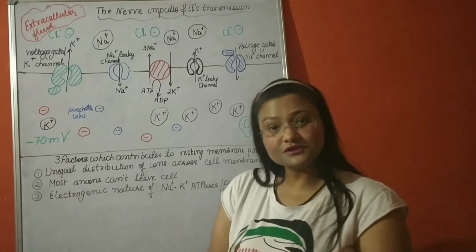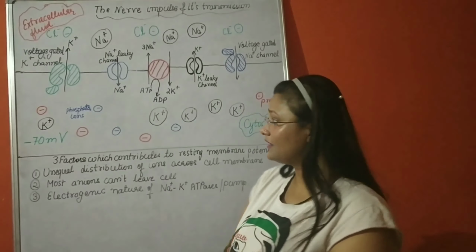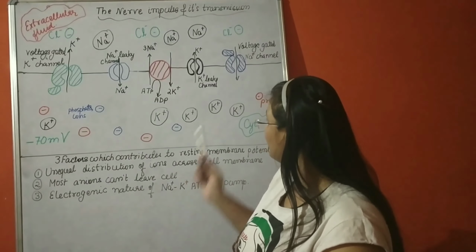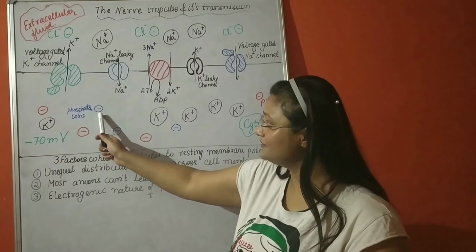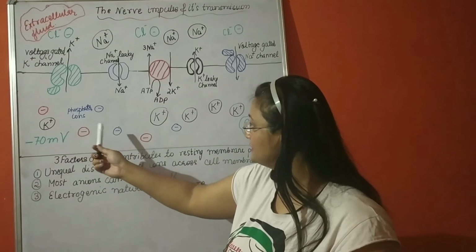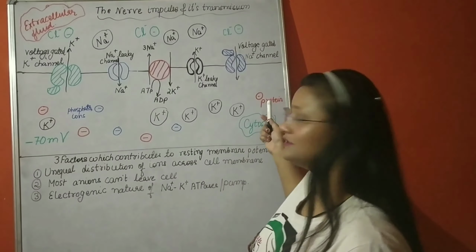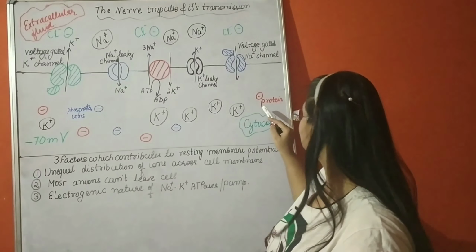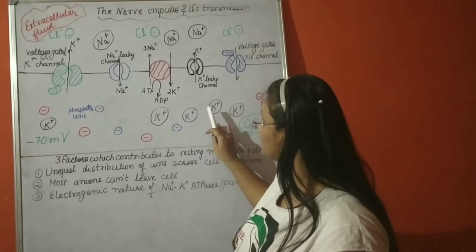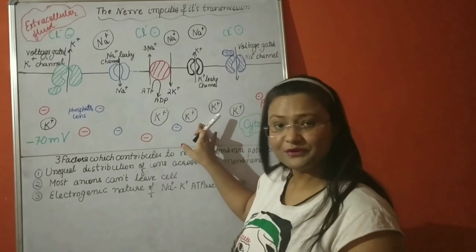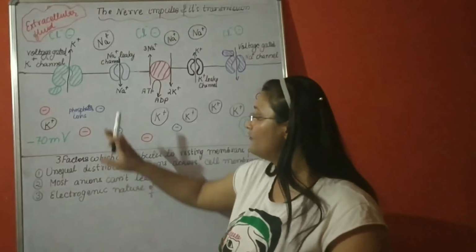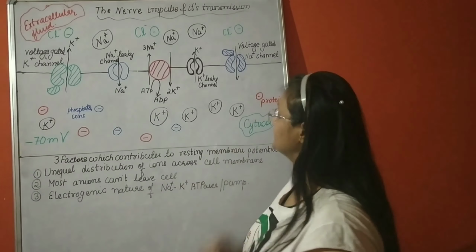And the distribution of ions across the membrane is like this. Inside the cytosol it has some phosphate ions, which contribute to the negative charge inside, and it has some proteins also. So proteins also contribute to the negative charge. The positive charge inside the cytosol is contributed by potassium ions, and the negative charge is contributed by phosphate ions and proteins.